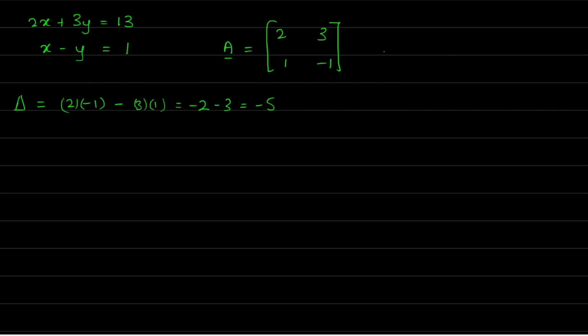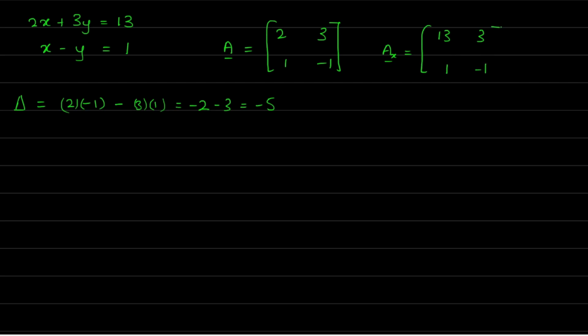Then we write down Ax which is going to be equal to, we just replace 2 and 1 with 13 and 1. So we have 13, 3, and instead of 1, since it's 1 again over here, the constant is also 1, it's going to be the same 1, and then minus 1.